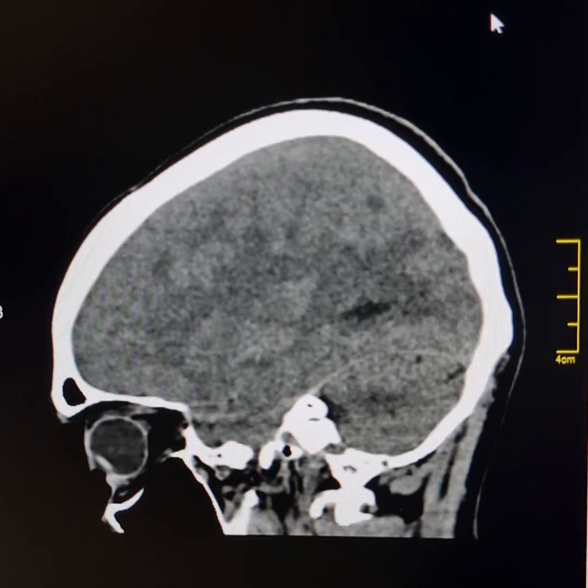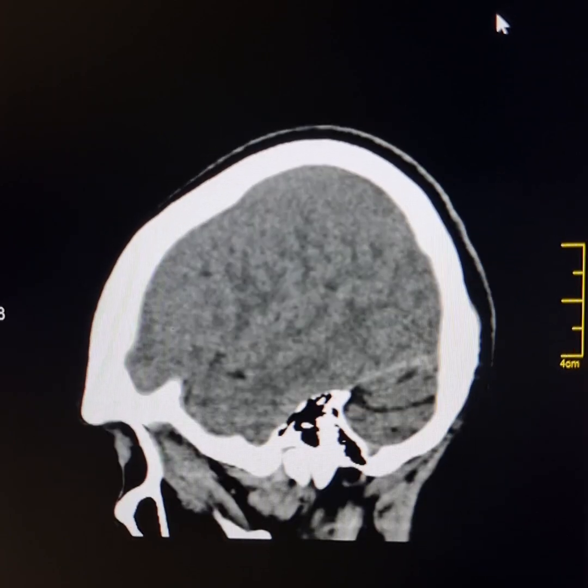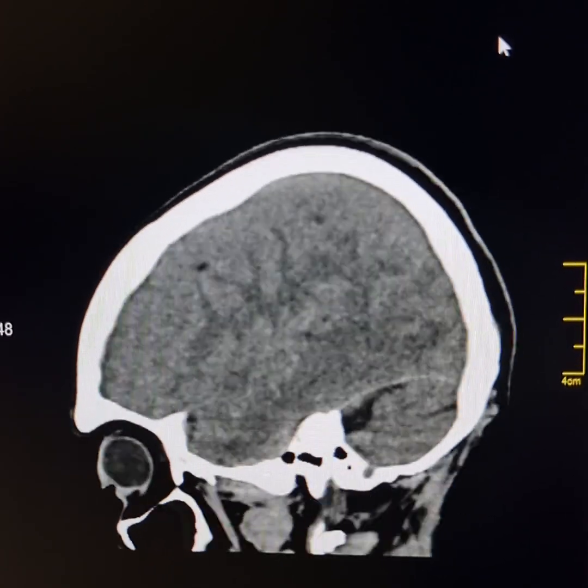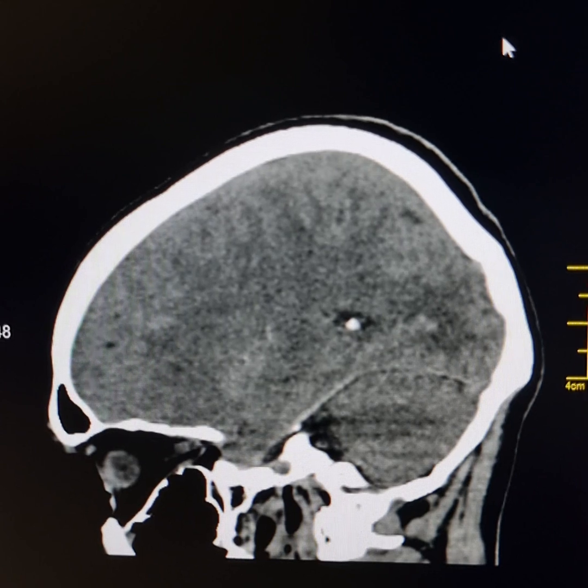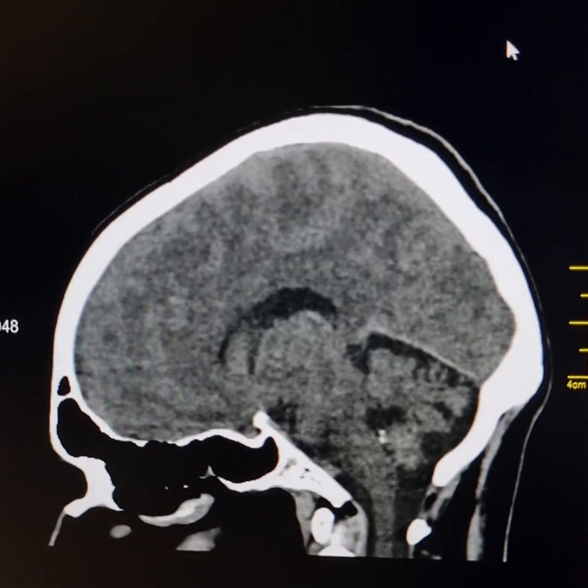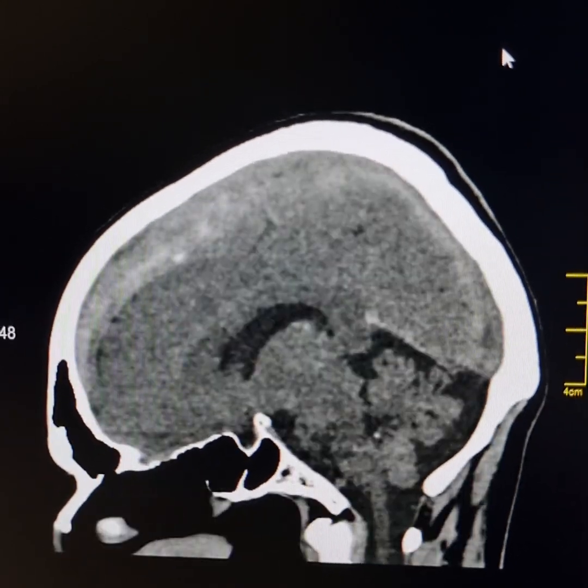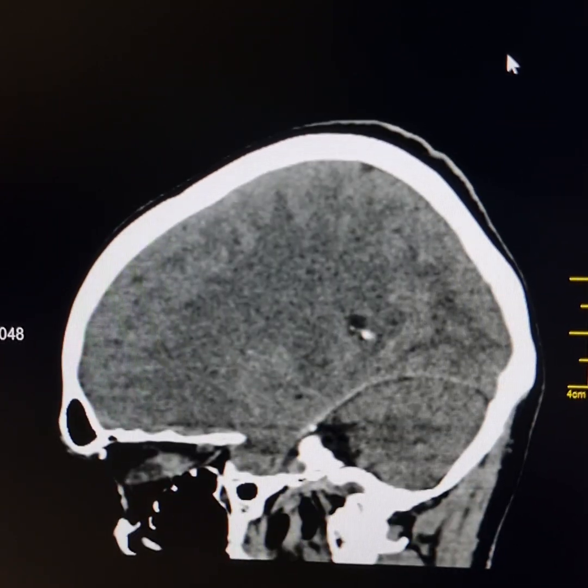Cerebellar folia, they are just normal for the age of the patient. So one has to be very careful in picking up these subdural hematomas, especially if they are bilateral and symmetrical.